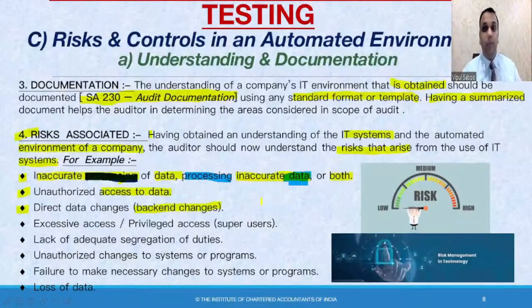For example, in my office, my staff are working upon balance sheets and all, and I have the access to change it at the backend. So do I have the authority to change the data directly? Yes, I have.